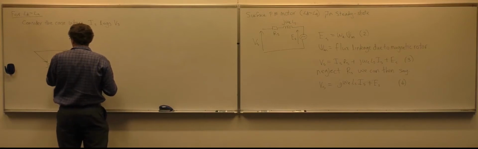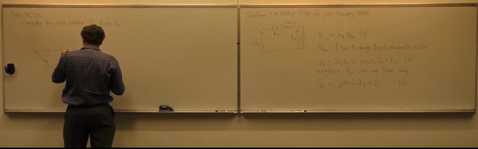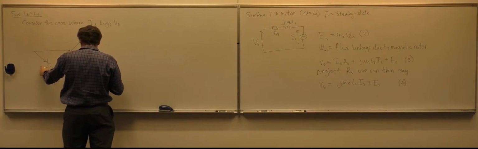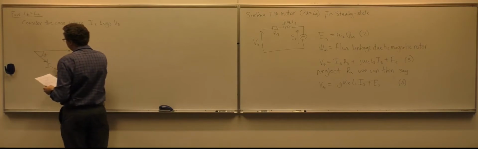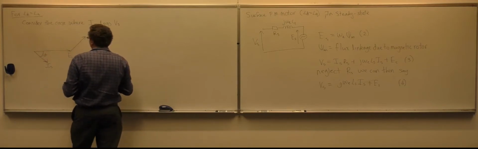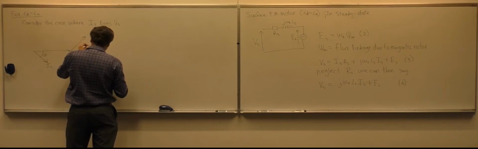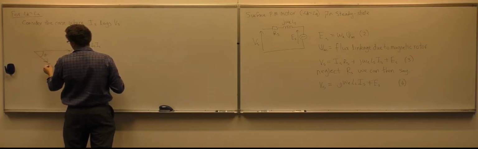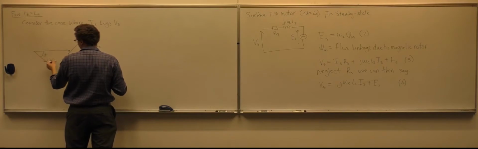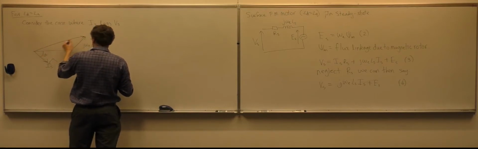This is the ES caused by the rotation of the rotor, and then we have IS, at an angle gamma from ES, and then we have j omega E LS times IS, and there should be a 90-degree angle there, and that has to equal VS, which is here.